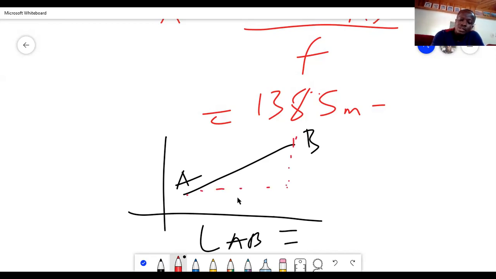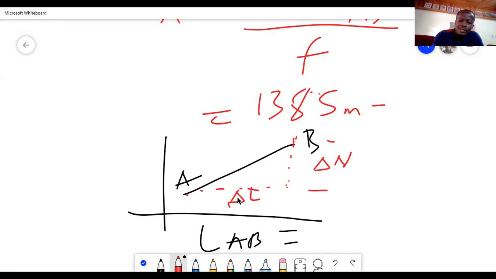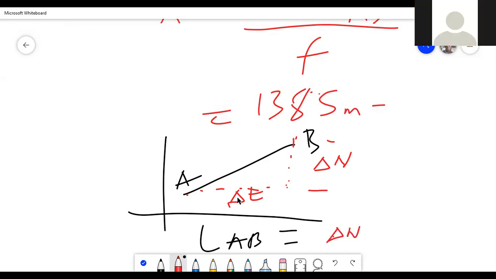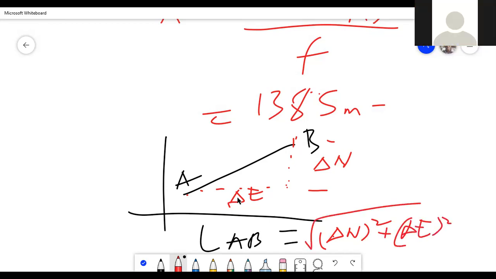You just do the change in the eastings and northings: delta N squared plus delta E squared. Find the square root of that.